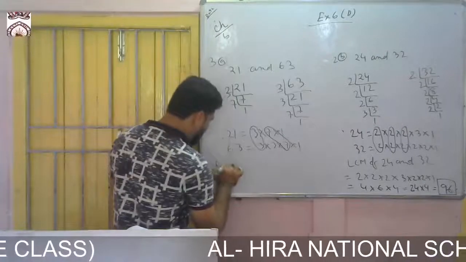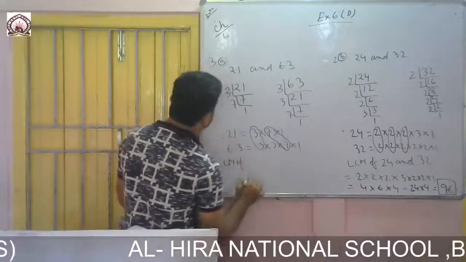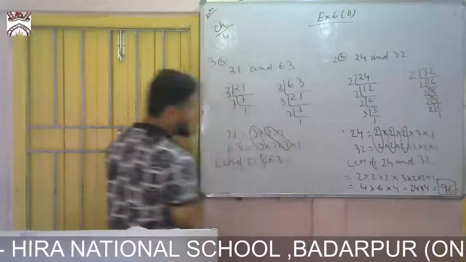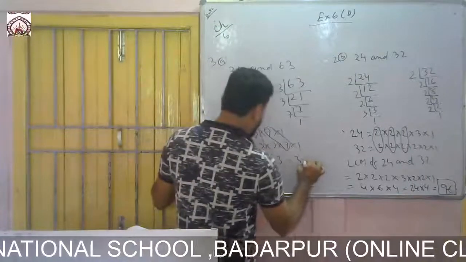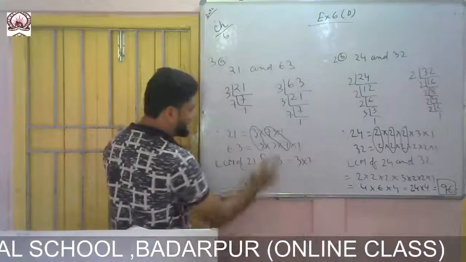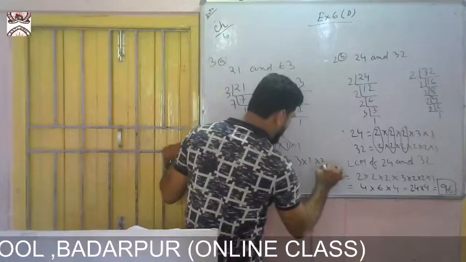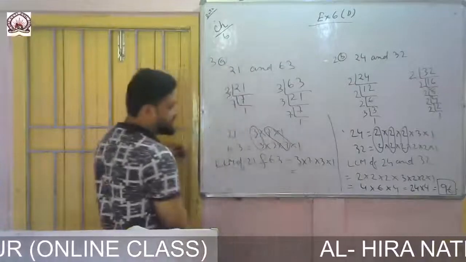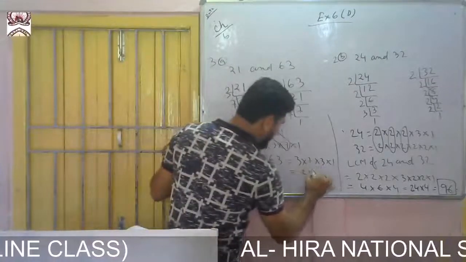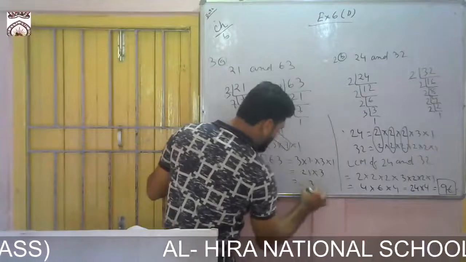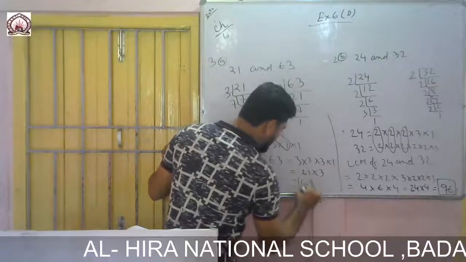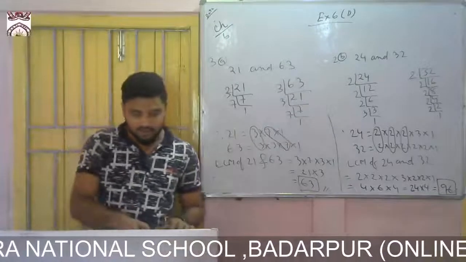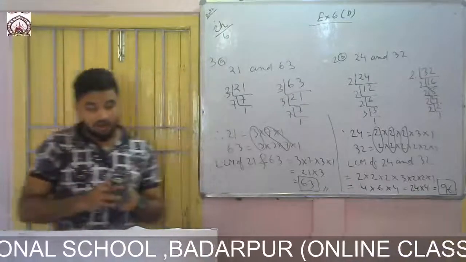Therefore LCM of 21 and 63 equals 3 into 7 as common, then the remaining only 3 into 1. So 3 7s are 21 into 3, 3 1s are 3, 3 2s are 6. The answer is 63.